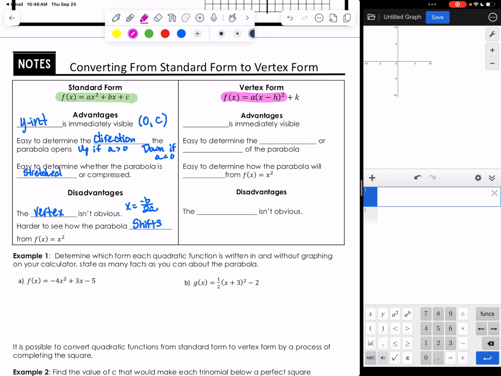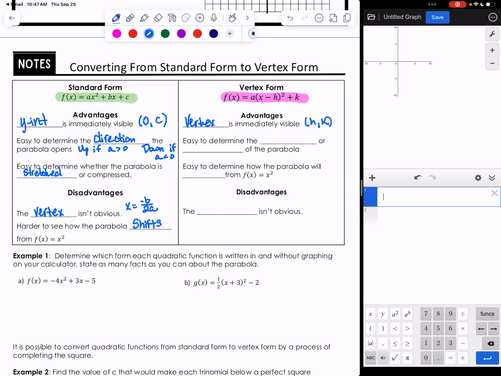Now, vertex form is a little bit different. Vertex form looks like this. F of x equals a times the quantity x minus h squared plus k. So the nice thing about vertex form is the vertex is immediately visible. It's just the point h, comma, k.